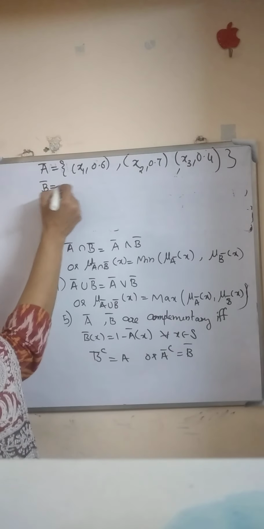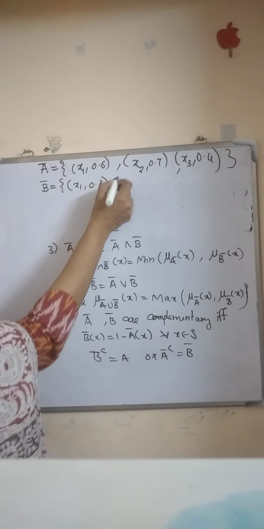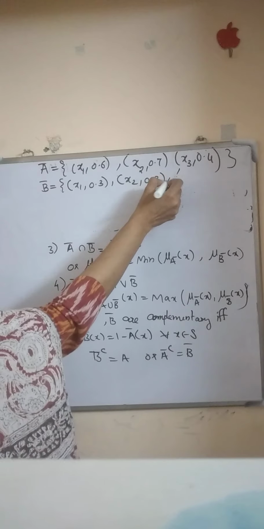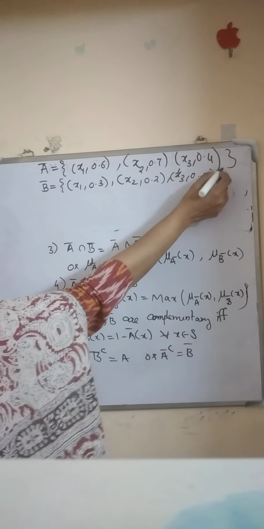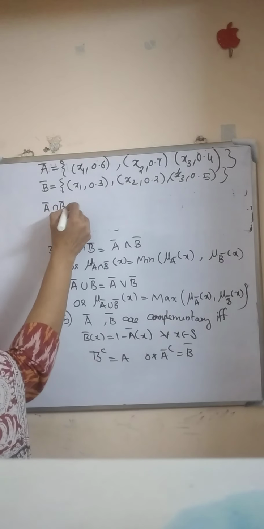And B bar is equal to the set of ordered pairs (x1, 0.3), (x2, 0.2) and (x3, 0.5). Then what is A bar intersection B bar?